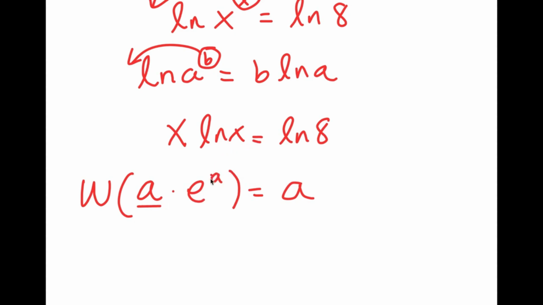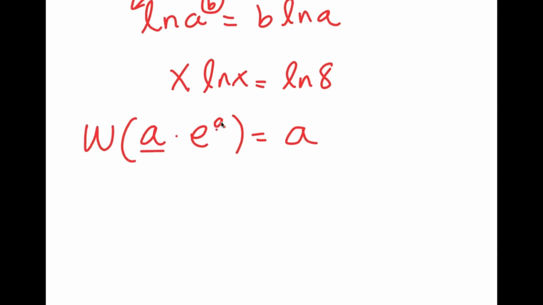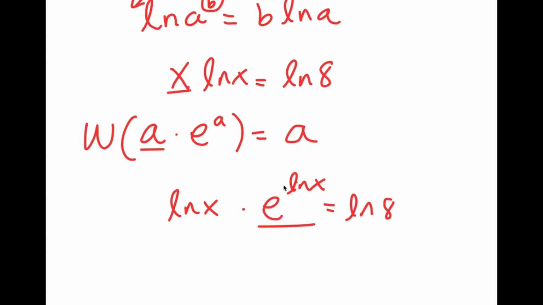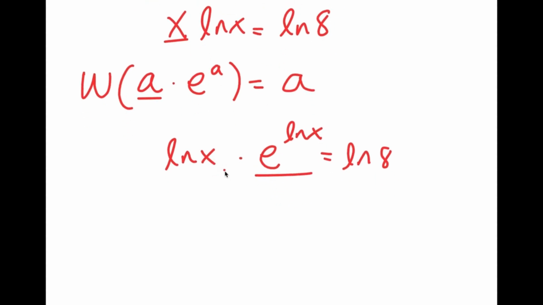So in this case, I'm going to rewrite this as ln x times e to the power of ln x is equal to ln 8, because x is the same thing as e to the power of ln x. So now I can use this formula.